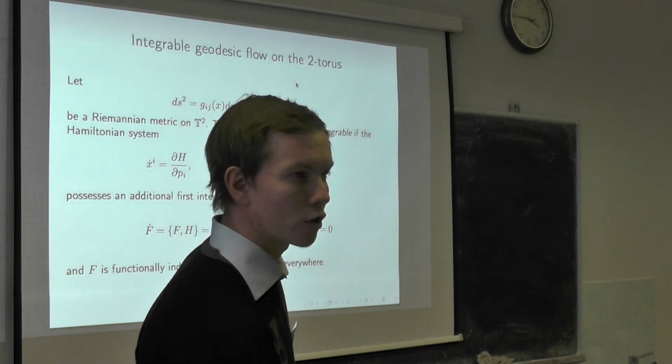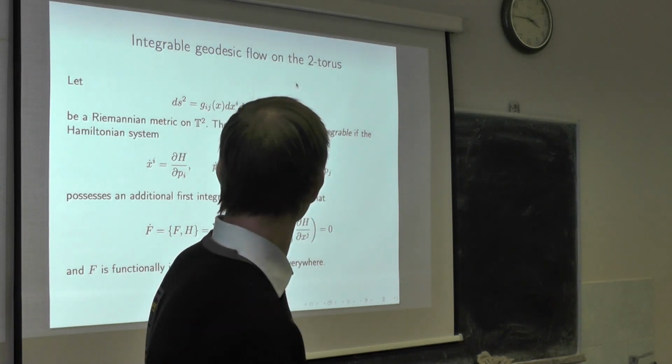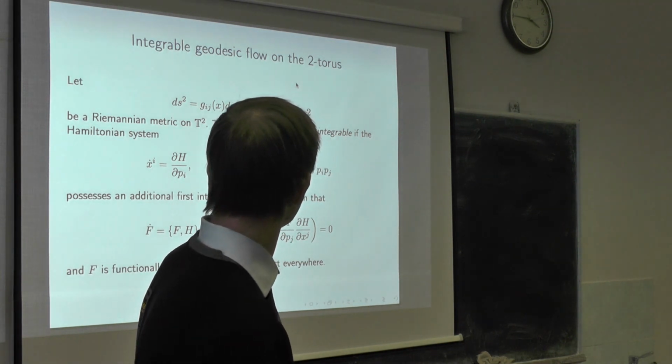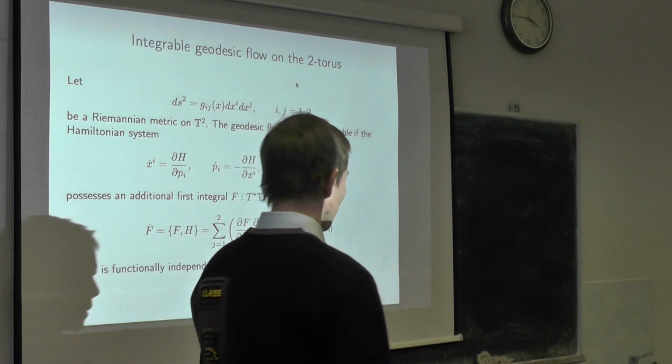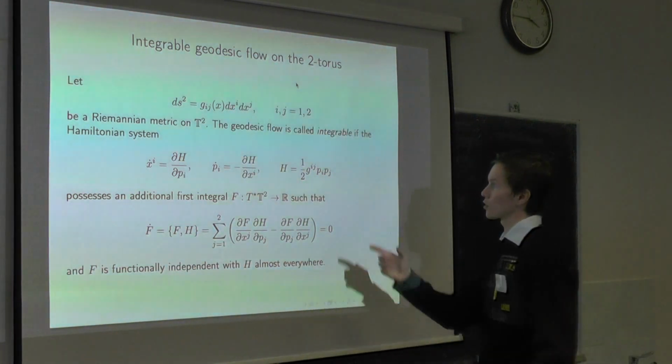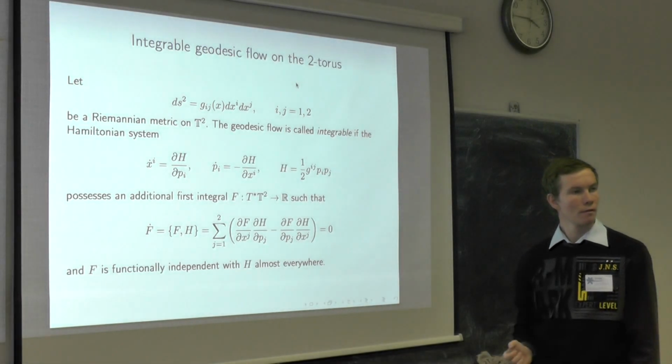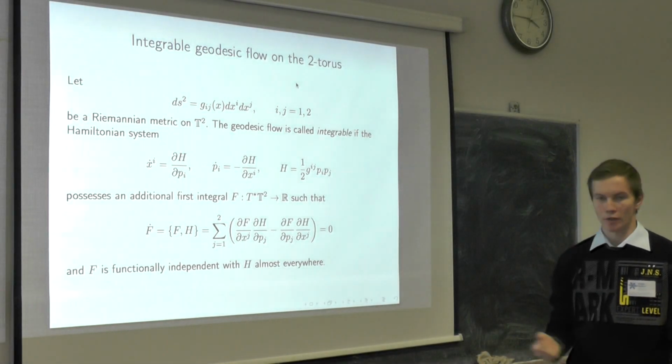This is just one definition of geodesic flow. Why is F defined like this, from T*T^2 to...? Because this is an arbitrary function of coordinates x and momenta p.